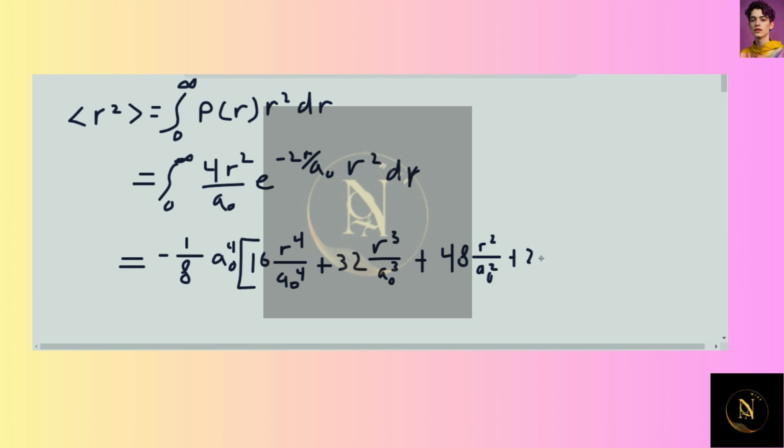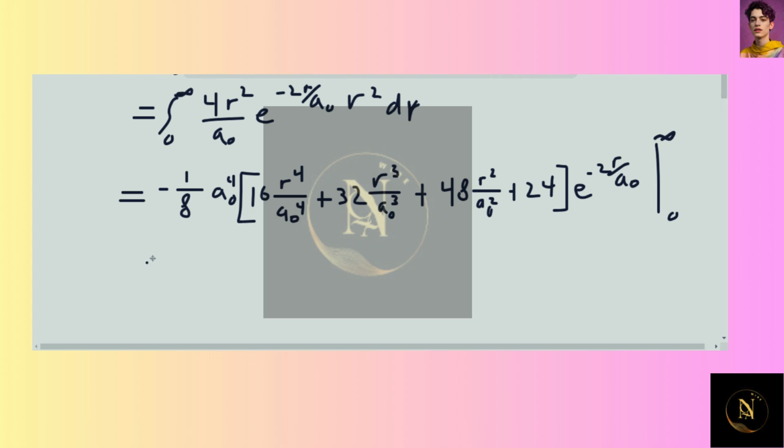Each one of these values is multiplied by e to the minus 2r over a naught. And this is carried out from 0 to infinity.